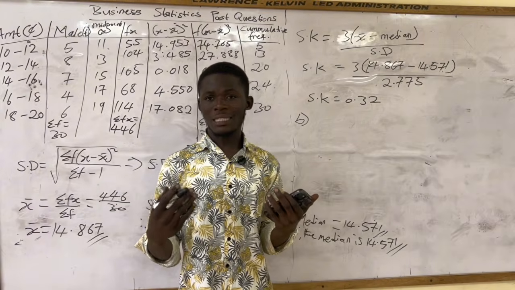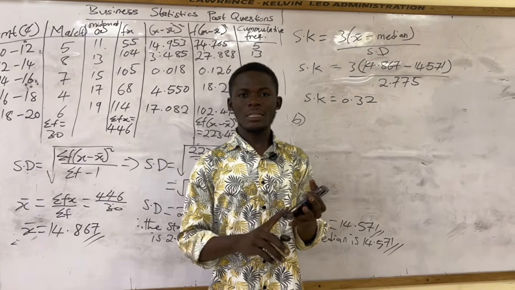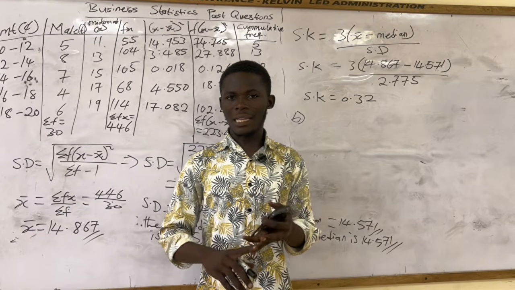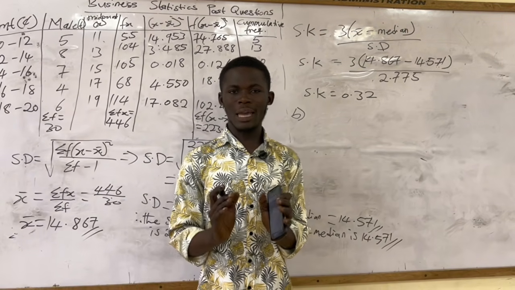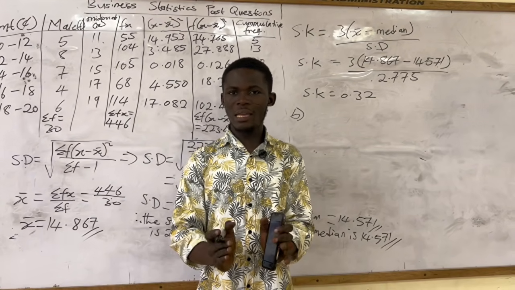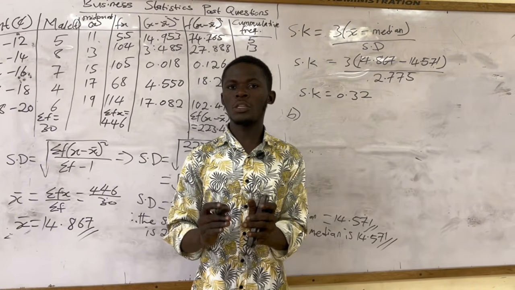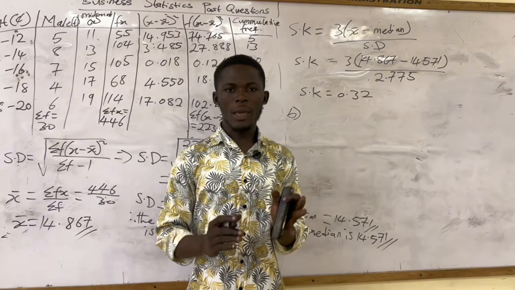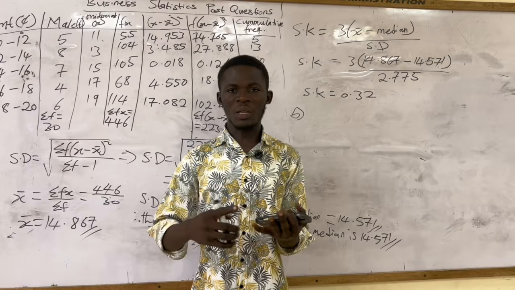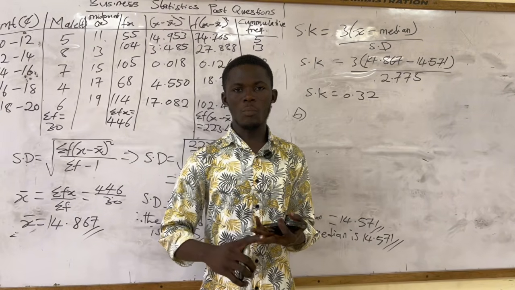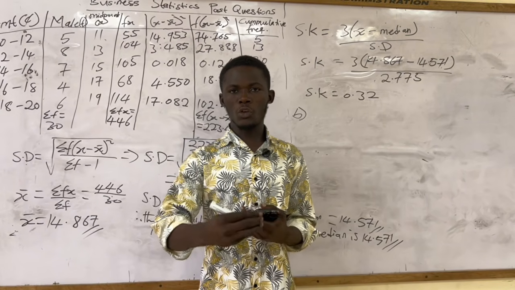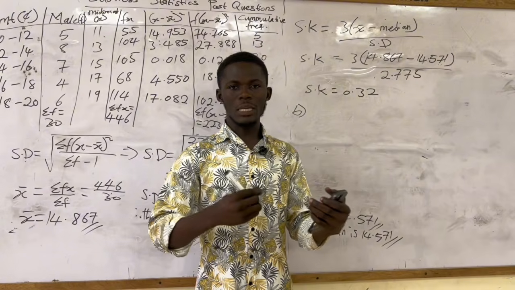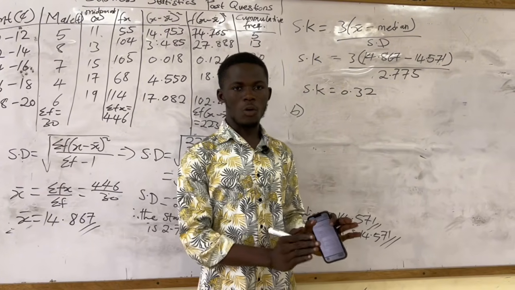So for descriptive statistics, we use summarizing and organizing to calculate the data to get the real facts, so that we can use them to make our conclusion. That is where you calculate the mean, the median, the mode. You use charts, tables, and all these things to make the conclusion.